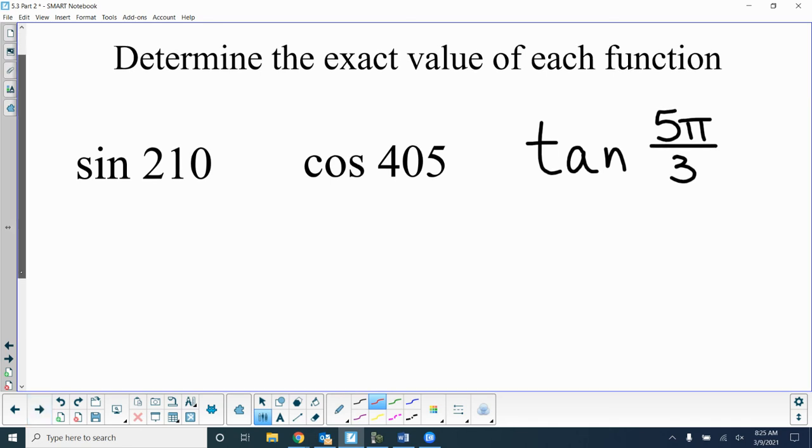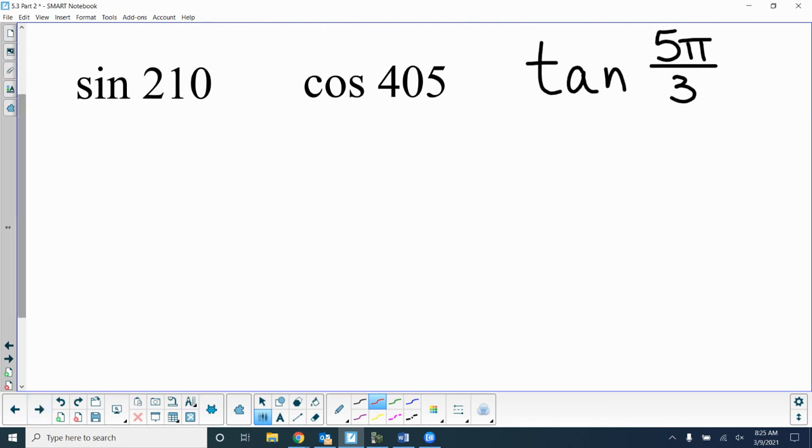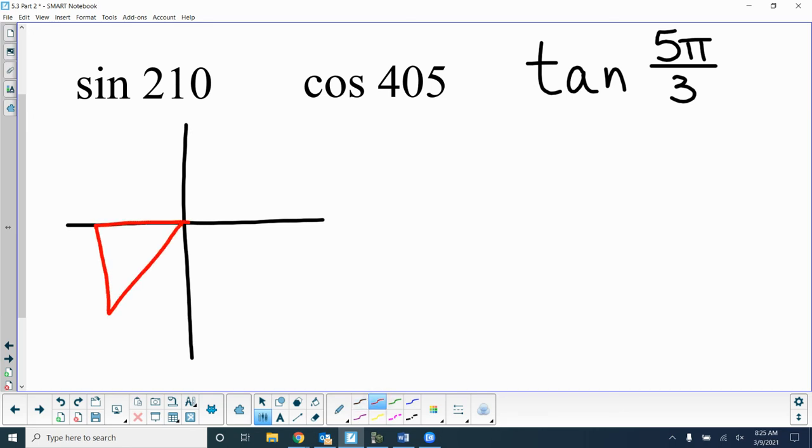210, where's that at? First, second, third, or fourth quadrant? Third, right? So I would draw my picture of my triangle in here. 210 is how much more than 180? 30, right? So it's a 30-60. Opposite to 30 is 1.